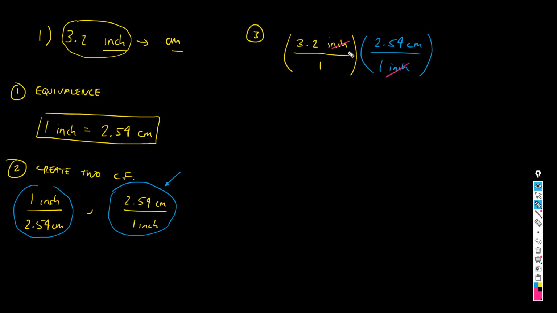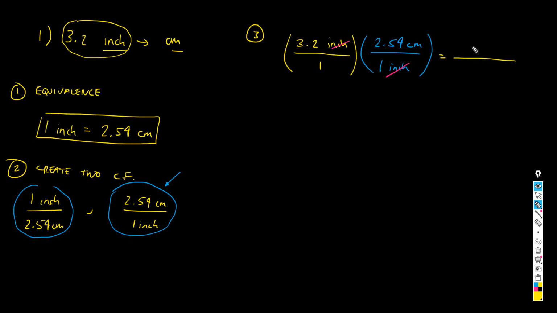I can cancel them because they are equal factors on opposite sides of a fraction. And that's it, guys. Once I have done that, the rest is very simple. I just multiply 3.2 times 2.54 times centimeters. And I'm going to write it down in here. So take out your calculator.